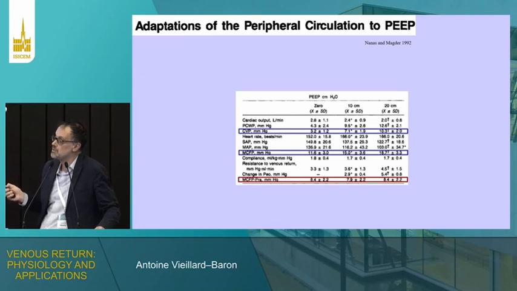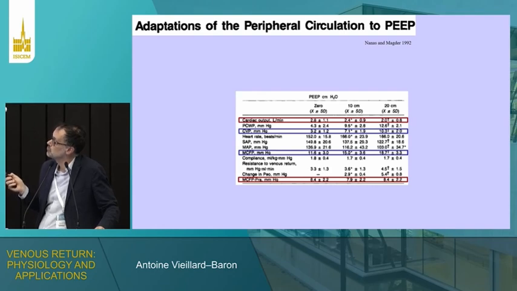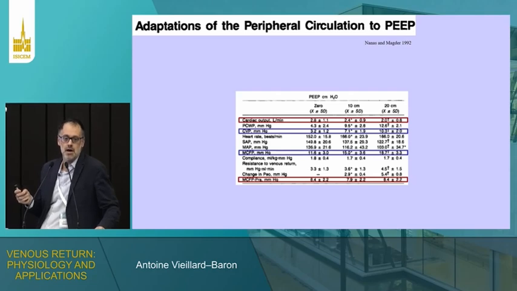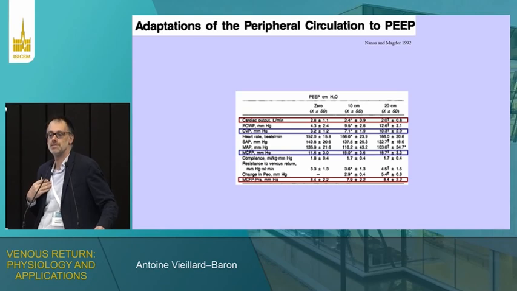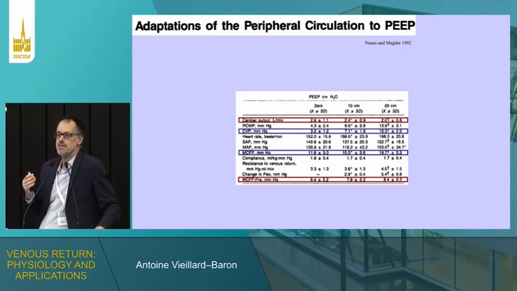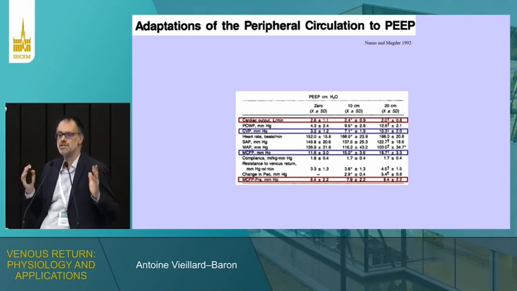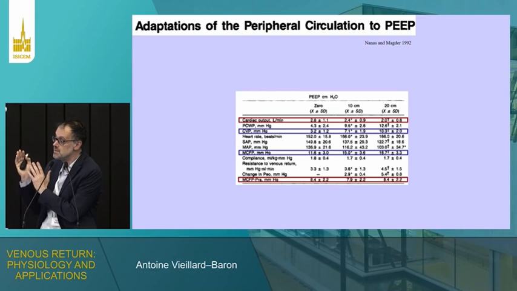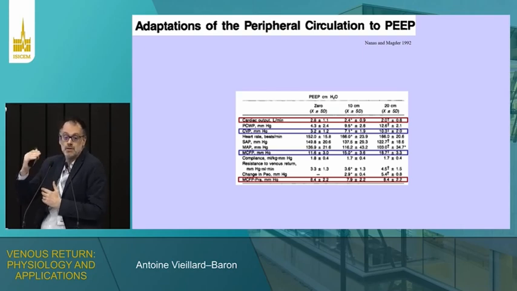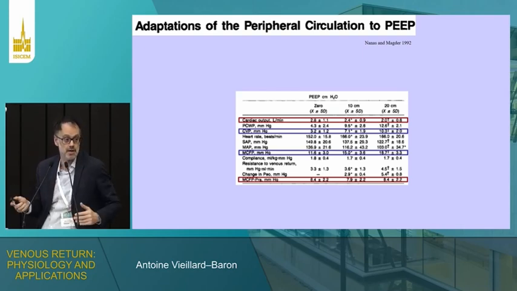remained constant between all conditions, while the cardiac output and the systemic venous return decreased. So probably something occurs, and the explanation of the authors was that we have baroreceptors in the chest, and when the baroreceptors feel some increase in pressure, they may induce a sympathetic activation, so increasing the venous tone, so increasing the mean systemic filling pressure to try to maintain constant the systemic venous return and the cardiac output.